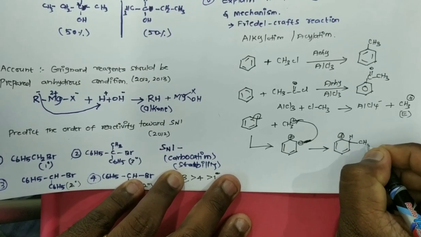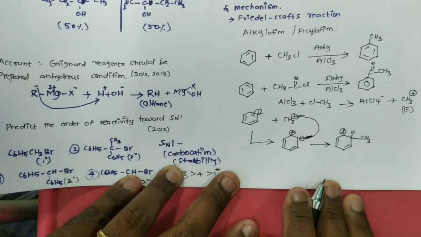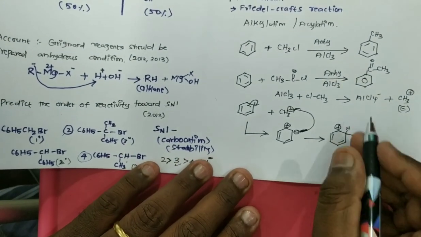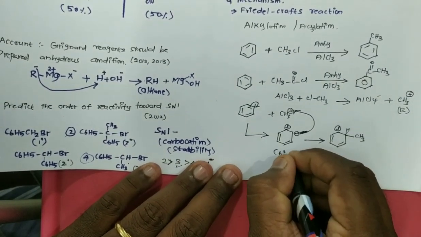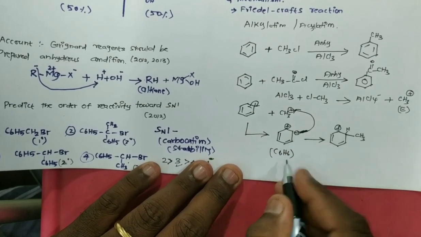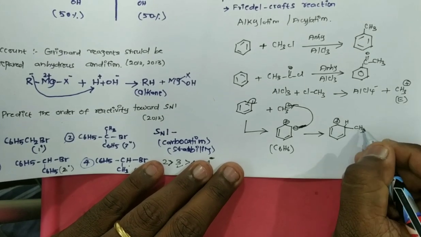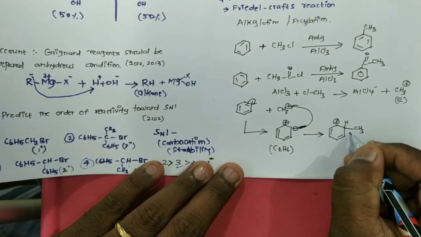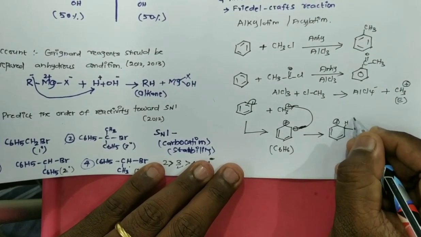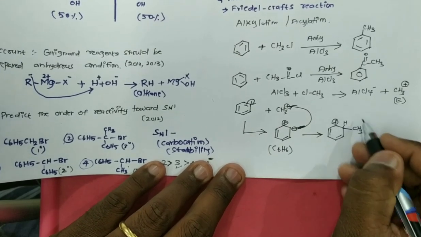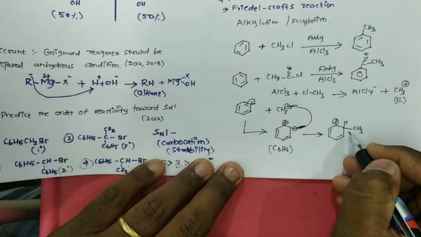Now CH3 plus will come and attack like this. In benzene, which is C6H6, in every position we have one hydrogen. Now if CH3 wants to come, it replaces this hydrogen. When the hydrogen wants to move, at that time this CH3 will come and attack.